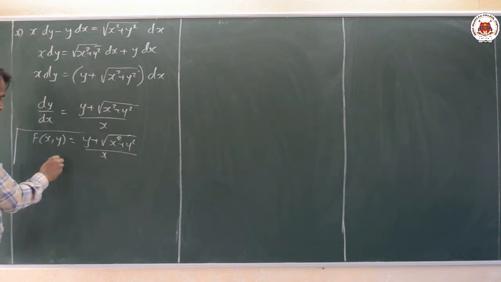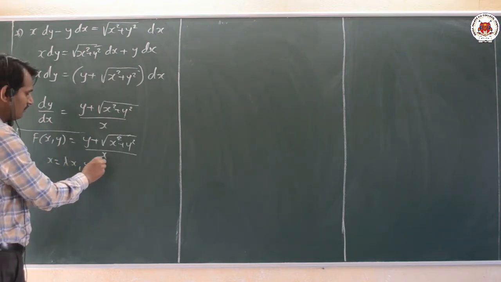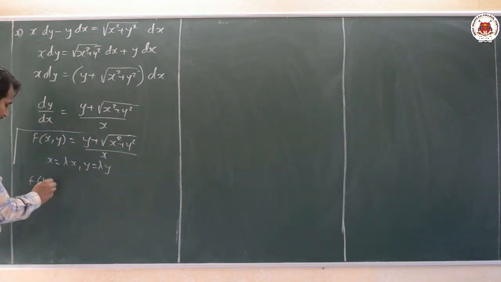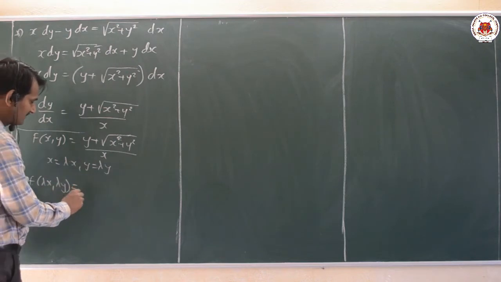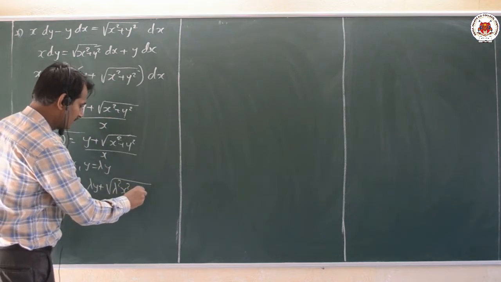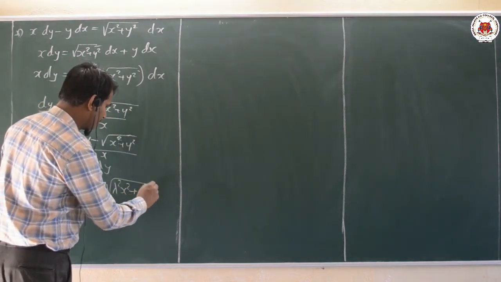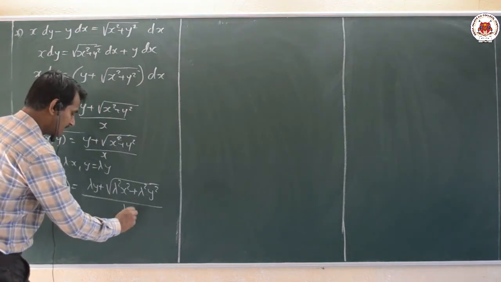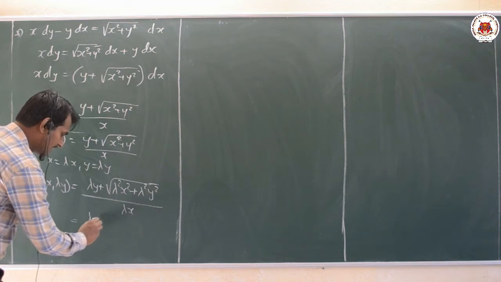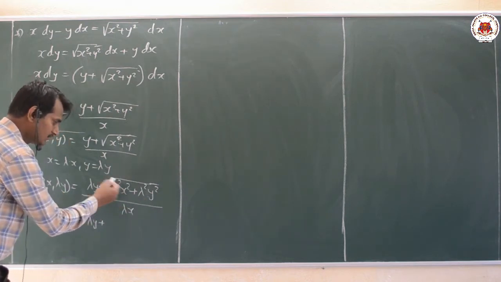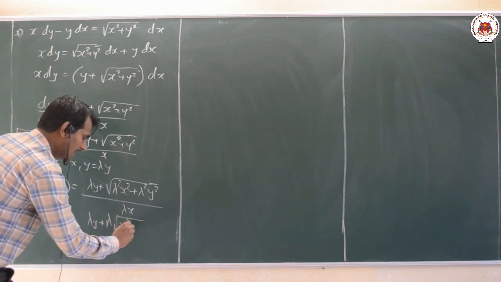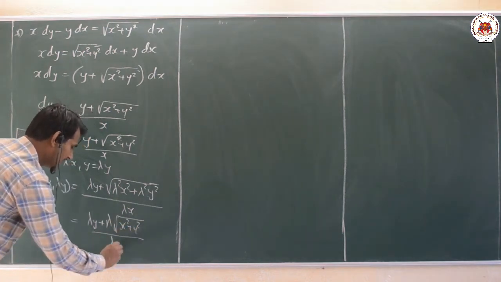Now put x equal to lambda x and y equal to lambda y. That is nothing but f of lambda x comma lambda y, which is equal to lambda y plus square root of lambda square x square plus lambda square y square, whole divided by lambda x. Now I can take lambda outside: lambda y plus lambda, taking lambda square out of the root, into root of x square plus y square, divided by lambda x.